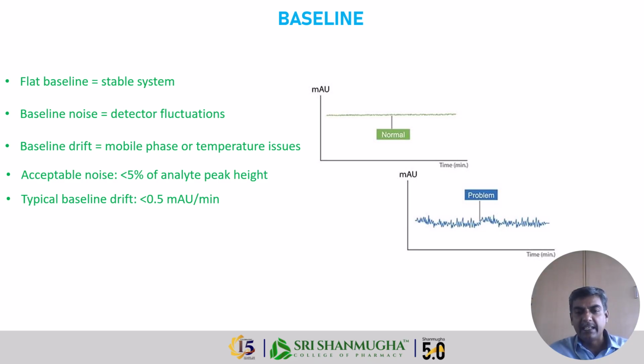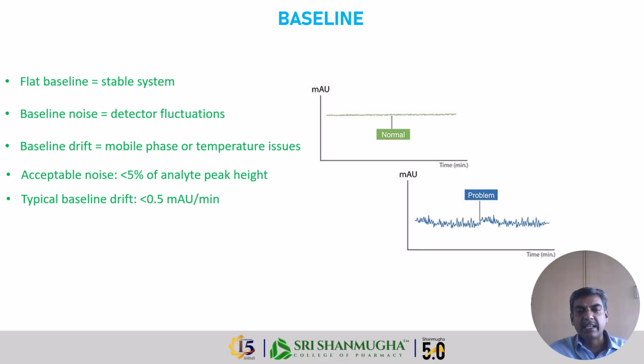If there are any deviations or fluctuations in the signal, then the noise will be higher, so we will get some problems during the collection of data from the chromatogram. A noisy baseline will hide the small peaks and ruin the sensitivity. So we should not get a noisy baseline. We should have a normal baseline.